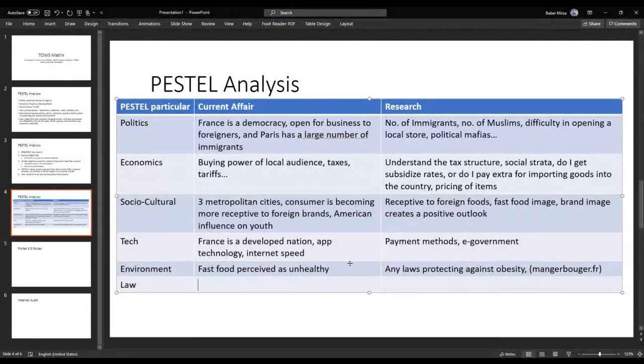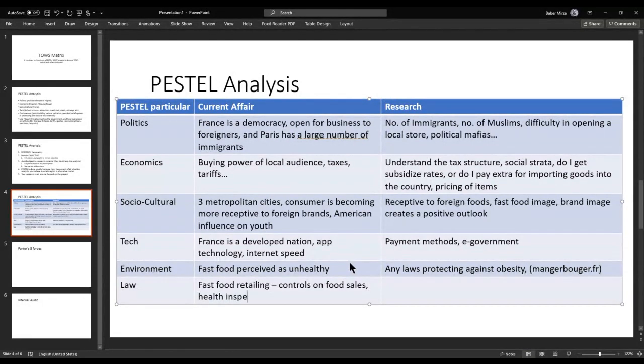Okay, it's law and legality. So I would definitely look into fast food retailing. I know there are a lot of controls on food sales: temperature control, health inspection.